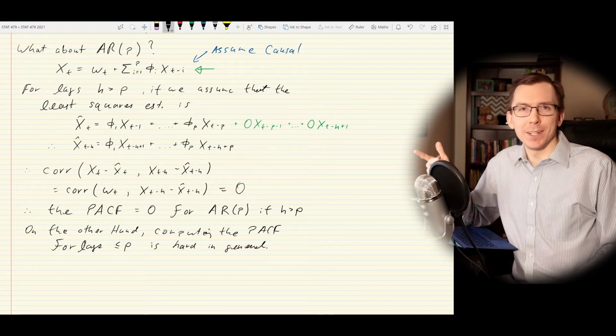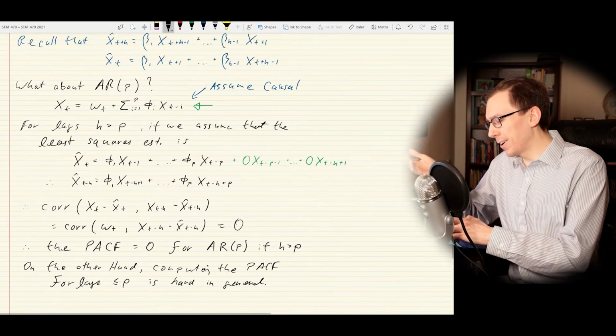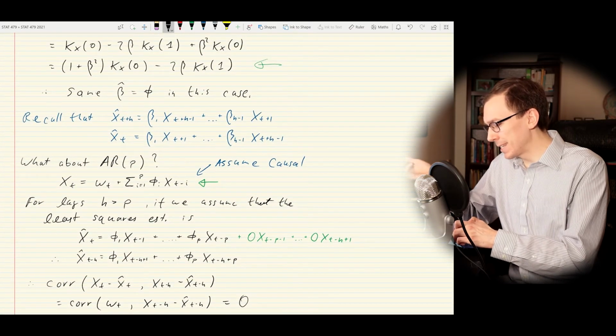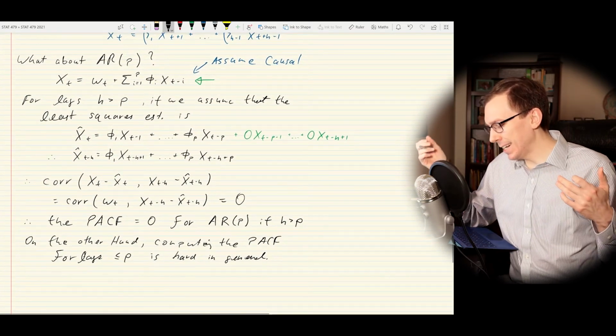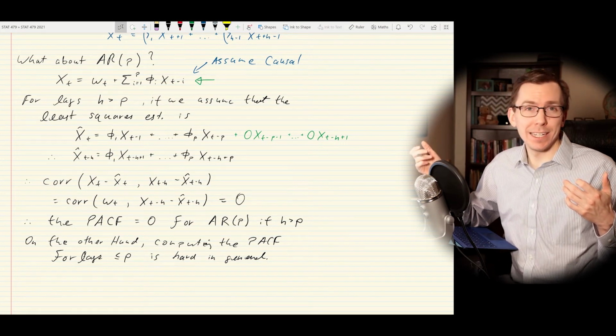So it's not something that we're going to do, unlike last time in the AR(1) case where I explicitly computed what the partial autocorrelation is at lag 1.